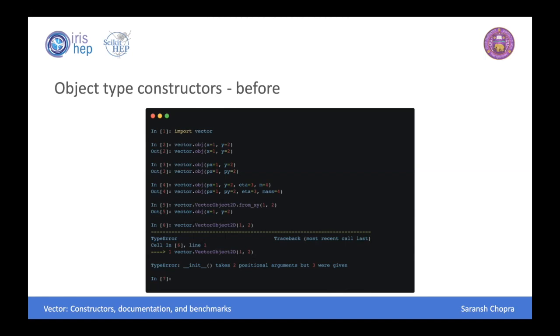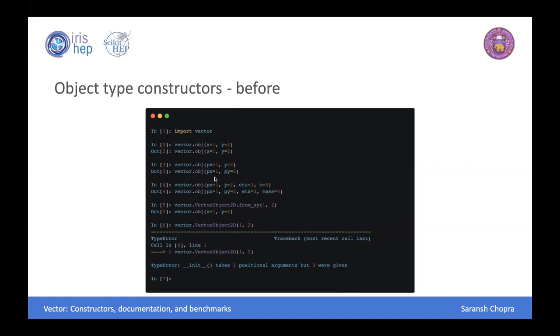So in the third cell, you would see I am providing px and py, so vector would automatically recognize that I am trying to construct a momentum vector, and it would automatically print px and py. This particular wrapper is not very user-friendly and informative, so I don't know what type of vector is constructed. I could infer what type of vector is constructed through the arguments that are printed, but it was not very user-friendly.